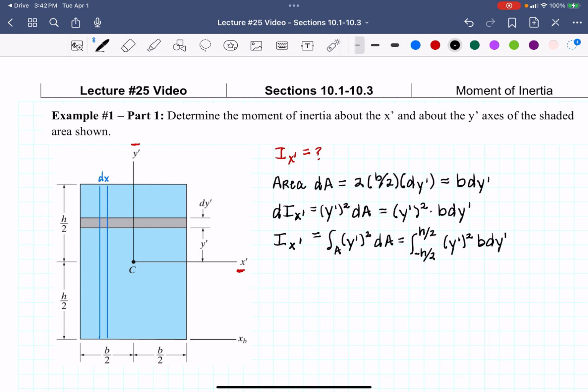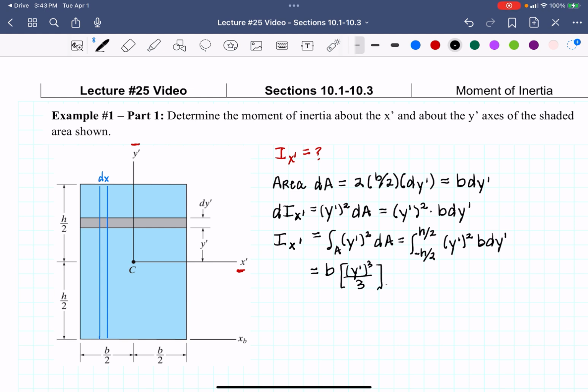So basically, if I keep going, b is a constant, so I can pull it out. And then I just need to integrate y prime squared, which is going to give me y prime to the third over 3.